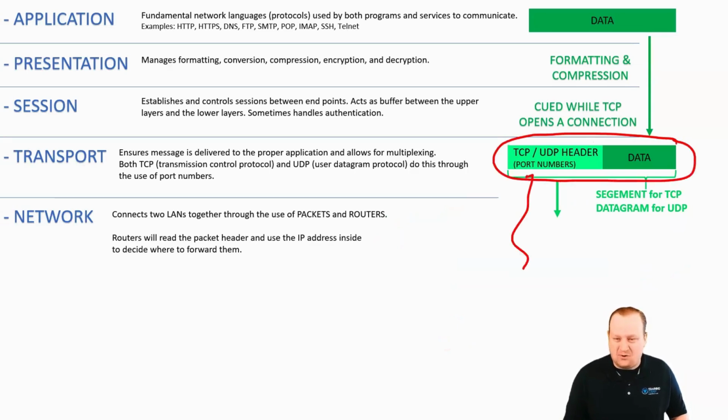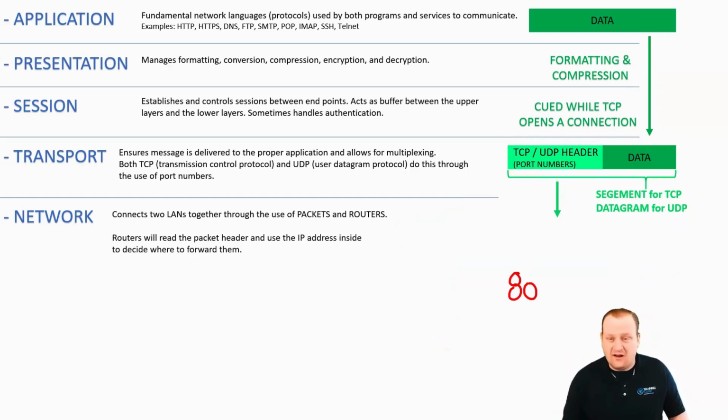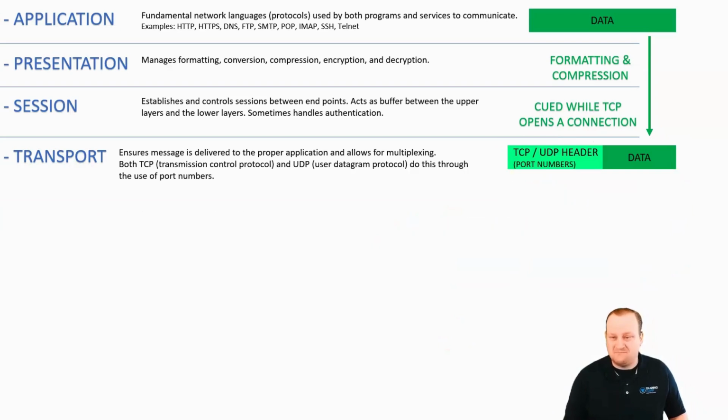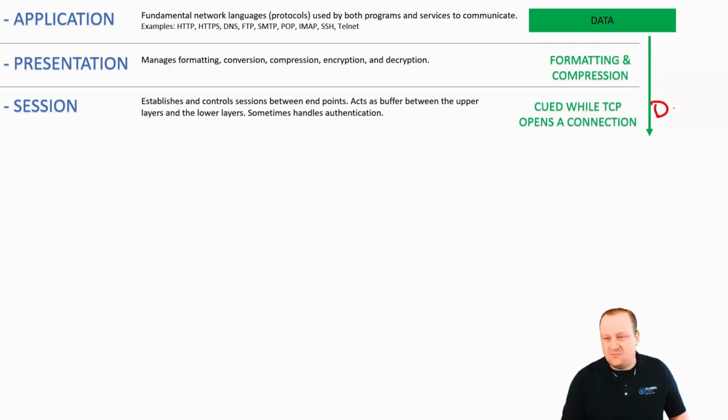They look at the port numbers. Do we have any software on the Google server that answers to or uses port 80? Oh, we do. The Apache software here uses port 80. That's the web server software. Great. In that case, send it to the web server, and they then delete the port numbers. And you're back to just being data.